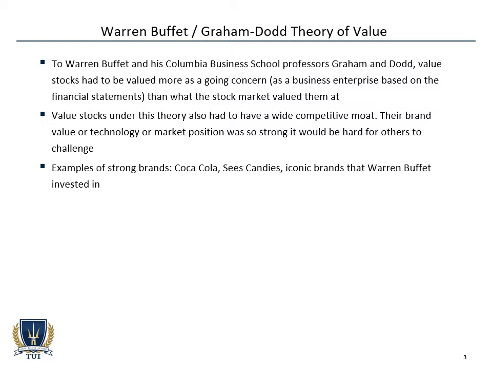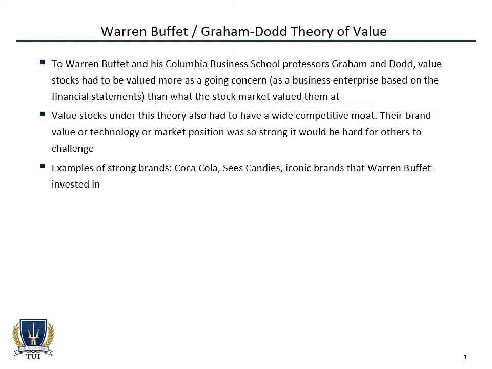That's how they valued whole companies. And they would look and see, well, if the company is trading at less than what the value per share of our model says it is, then it's undervalued, we should buy it. And if it's trading for more than that, it's overvalued, we should sell it. And they looked at the competitive factors of a business to ascertain value.